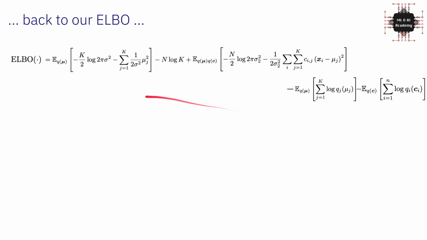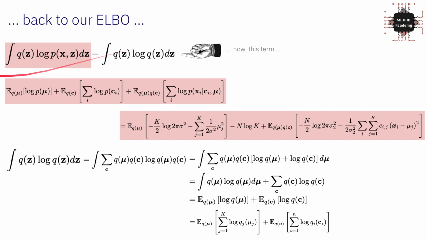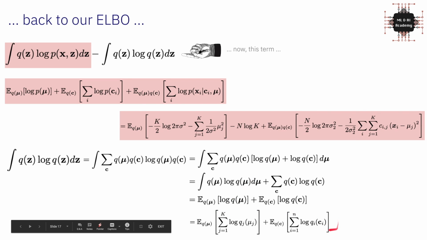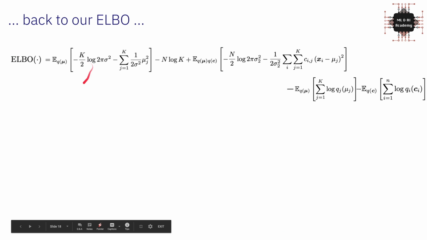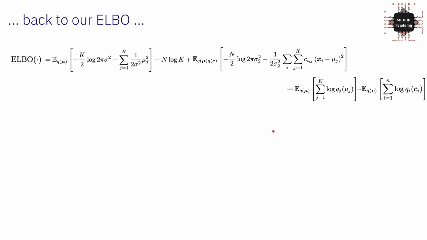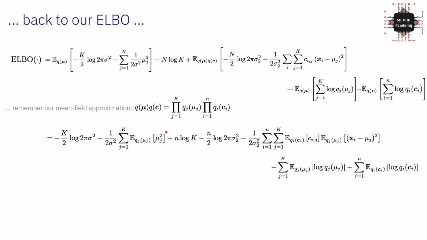Great, so far our overall ELBO looks like this. This first term here, remember this is our ELBO, right? So this is our ELBO. The first term is this, and the second term is that. So what we just did here is we introduced the first term, which is this, and then the second term, that is that. Now, remember our mean field approximation where we said q of z is a q of c times a q of mu.